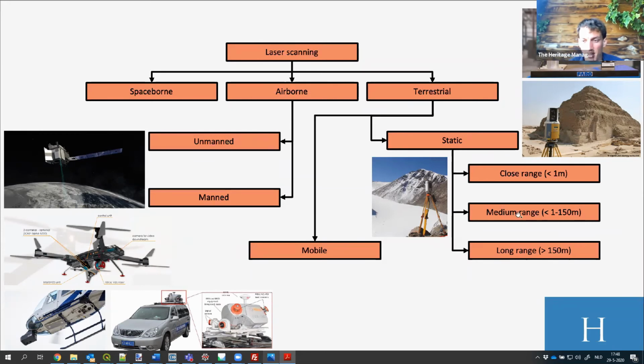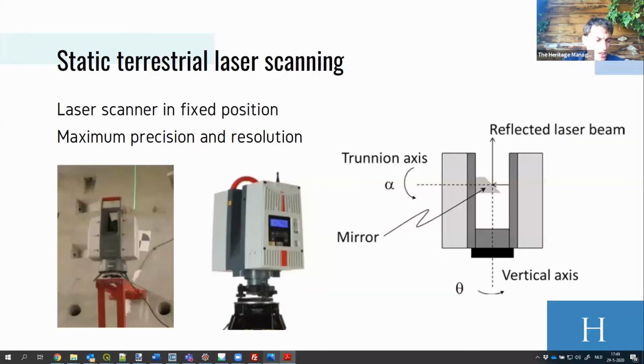And static laser scanning: the close range laser scanners, most of the time these are the triangulation-based laser scanners, and then the medium and the long range laser scanners. So for terrestrial laser scanners, this is an example of a screenshot of the scanners that we have in our department.